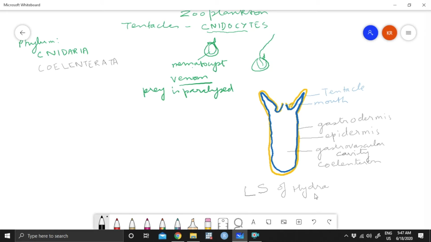So in this longitudinal section of Hydra, we are able to see the mouth, tentacle, outer layer, the mustard colored layer which is epidermis, the inner layer called gastrodermis, and the space inside called gastrovascular cavity or coelenteron.